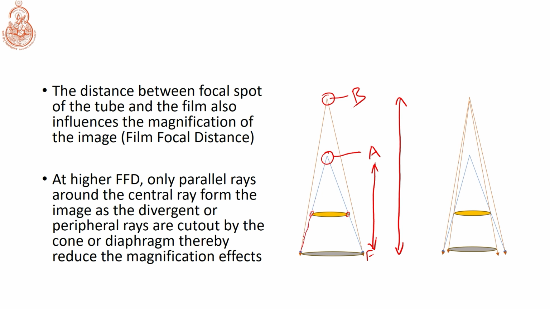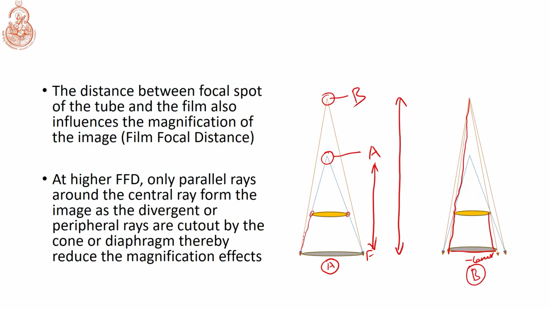While when we make this distance greater, in B, if you see the second picture, the angulation has reduced, and see the size of the image that has formed. It is much lesser than this one, picture A.